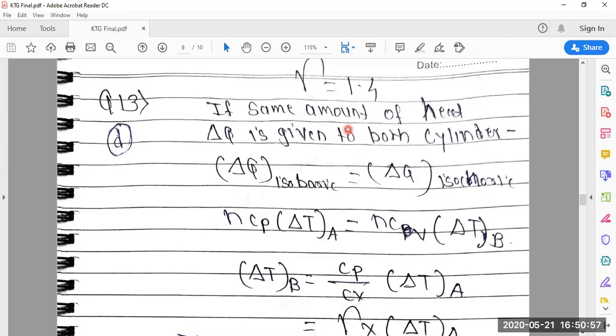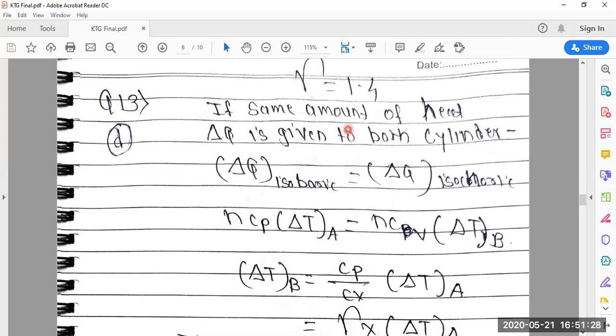In the first case, the piston is moved. In the second case, it is fixed. The same amount of heat is given to the gas in each cylinder. Be careful, there are two conditions. In the first case, the piston moves freely. In the second case, the piston of the cylinder is fixed, and the amount of heat supplied to the cylinder is the same.